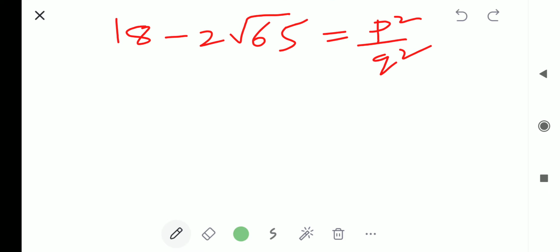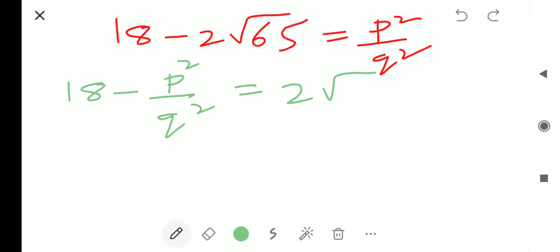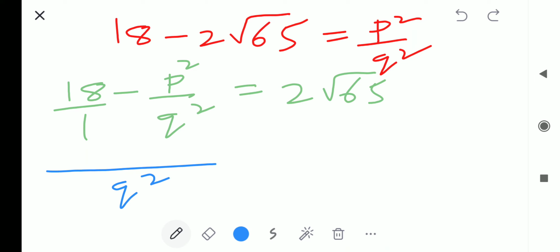Now next step I can write 18. P square by q square is transposed to left side. Right side minus 2 root 65 becomes plus 2 root 65. After taking LCM, I'll get q square in the denominator. 18q square minus p square is equal to 2 root 65.